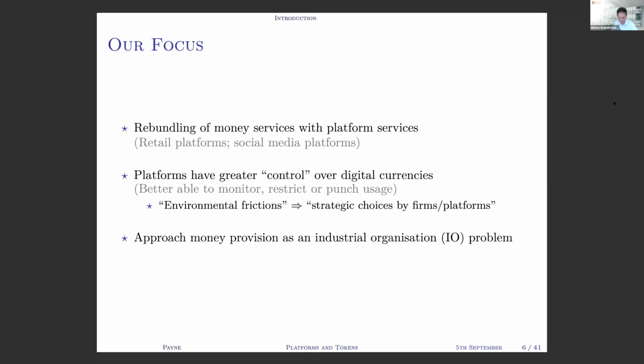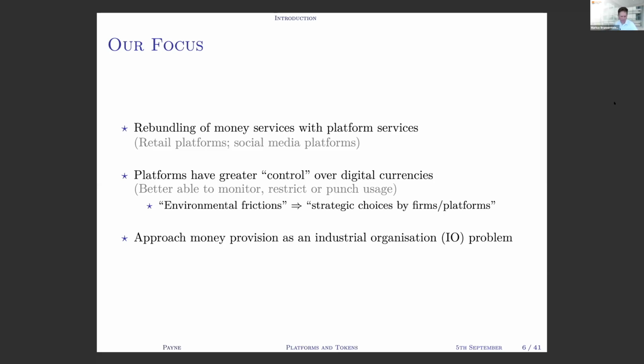And the second theme we really want to pick up in this project is we want to think about the idea that platforms have greater control over digital currencies in the sense they're better able to monitor, restrict, and I've got punch there, but I mean punish. I guess it's sort of a similar thing, punish usage. So I think the broad idea here is that when we think about modeling money, there's a whole bunch of things we often think about as environmental frictions, like how liquid is a currency or how widely accepted is a currency in trade.